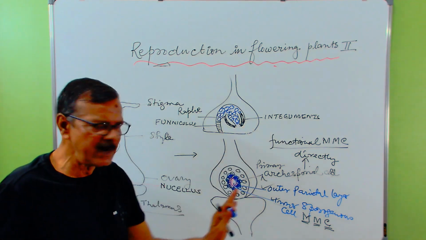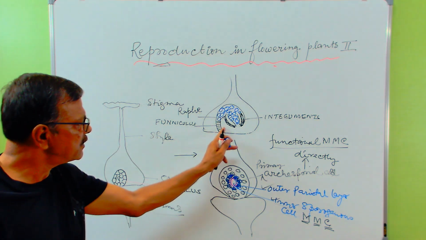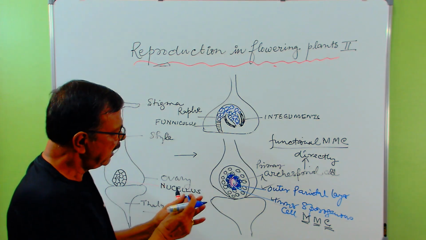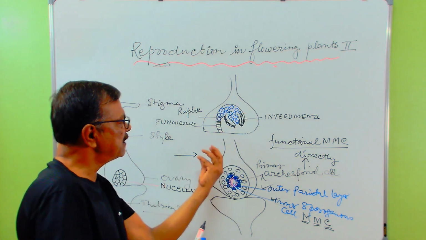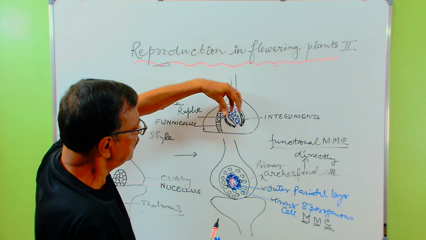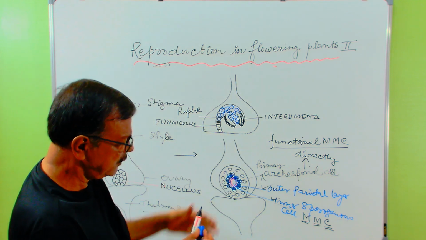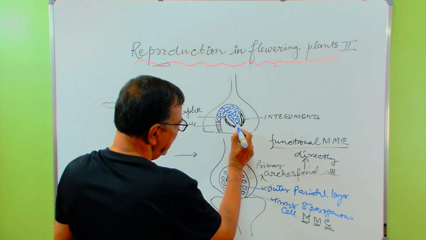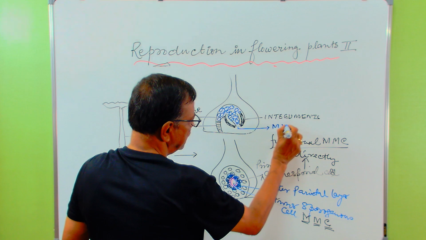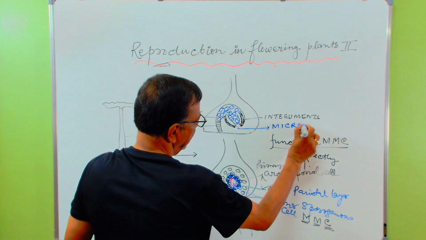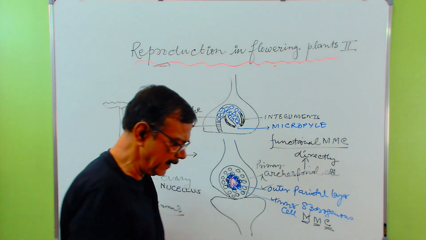There are two integuments, and it leaves an opening. In some books it is drawn like this, and in some books in this way, but this will be a better one, I think. So this is an opening, and this opening is the micropyle.